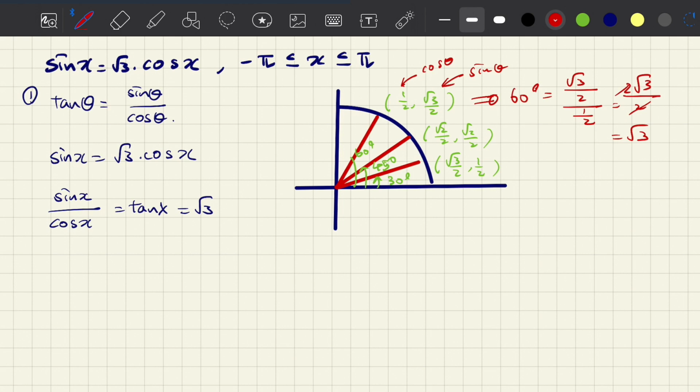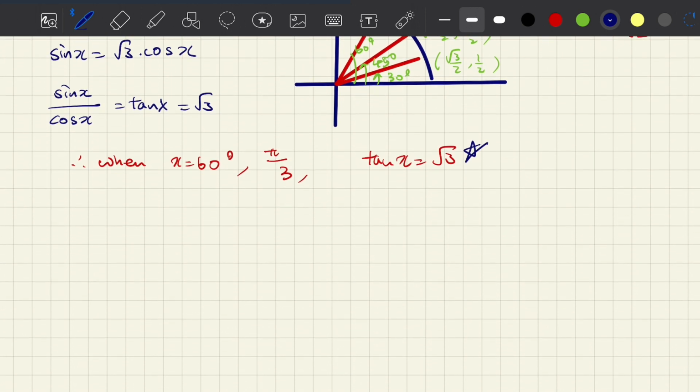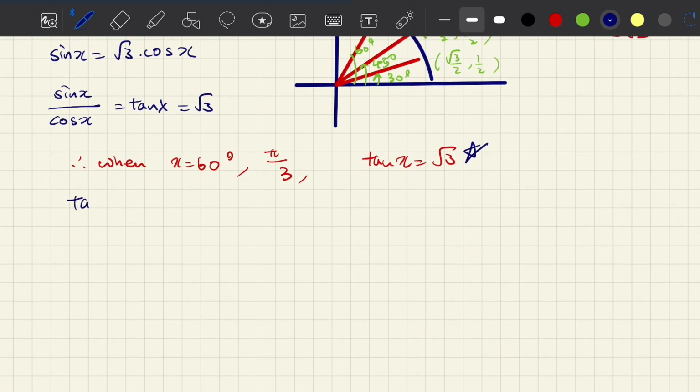So when the x value is equal to 60 degrees, or pi over 3, we know that tangent x is equal to square root 3, right? Using this information, we can say that tangent theta is positive when we have our values in the first and then the third quadrant.